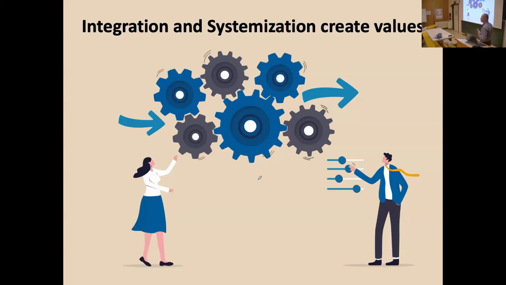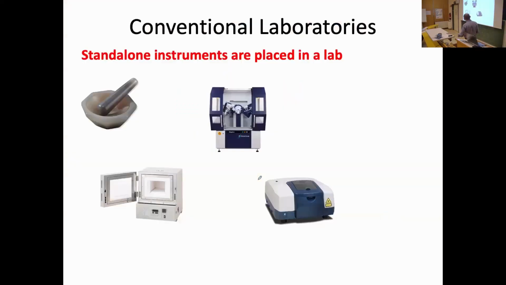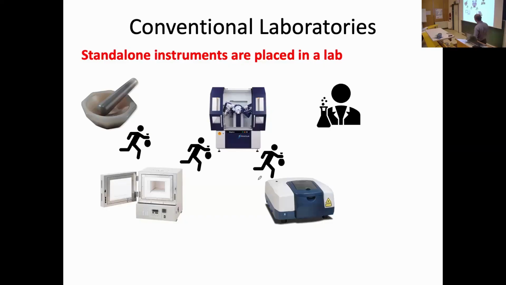So I learned that isolated or standalone is not good. Make all the things systemized, and that gives value. So if I think about our lab, all these devices are standalone, and the human has to connect them. So it's like the Courier. It's standalone.